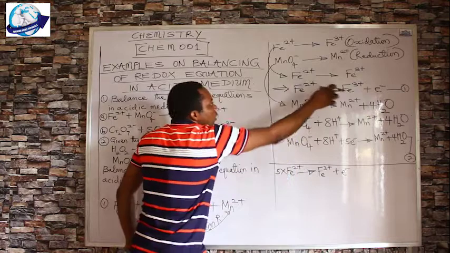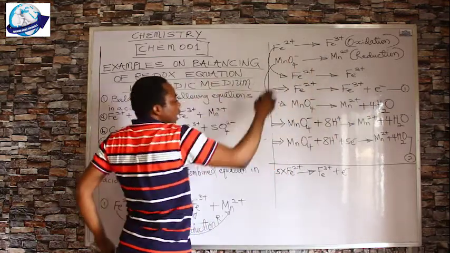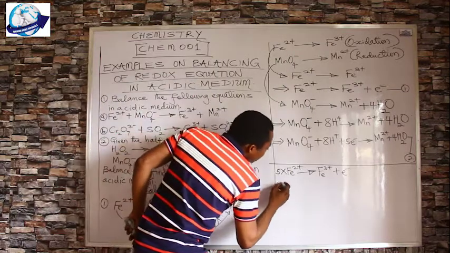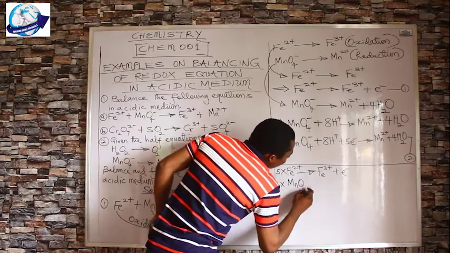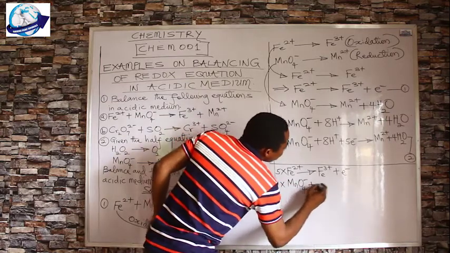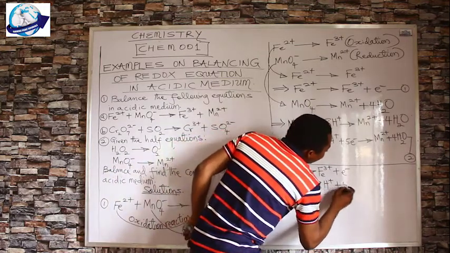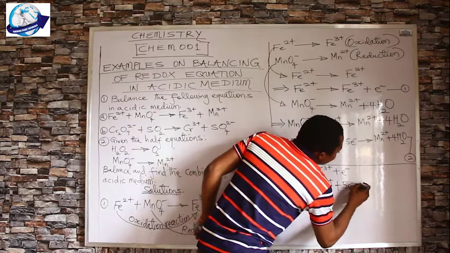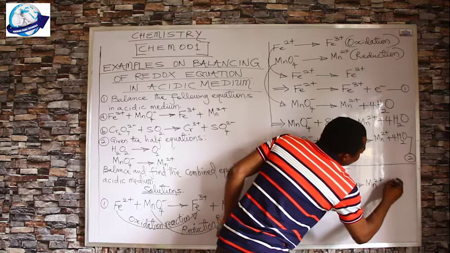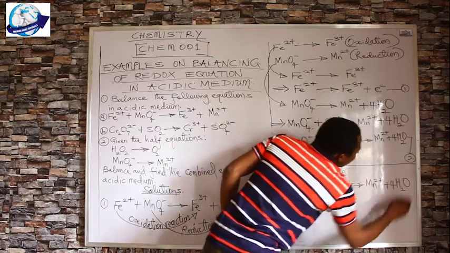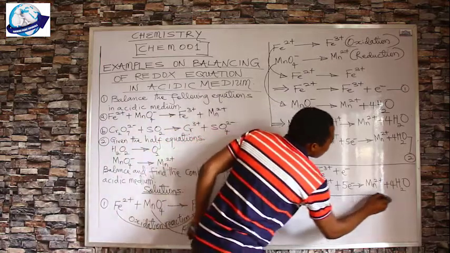Then taking the coefficient of the electron in equation 1, take it up and times equation 2 as 1 times MnO4 minus plus 8H plus 5 electrons yielding Mn2+ plus 4H2O.